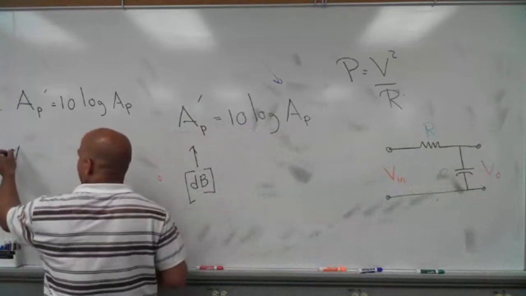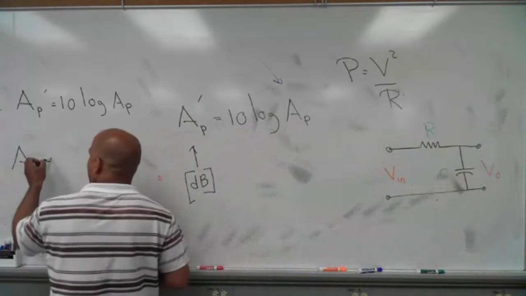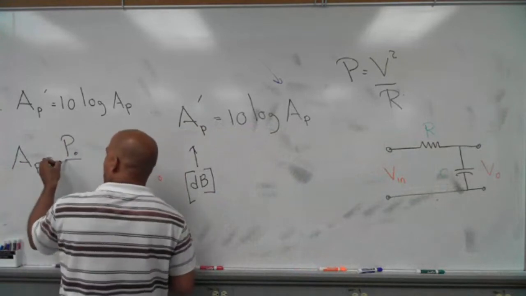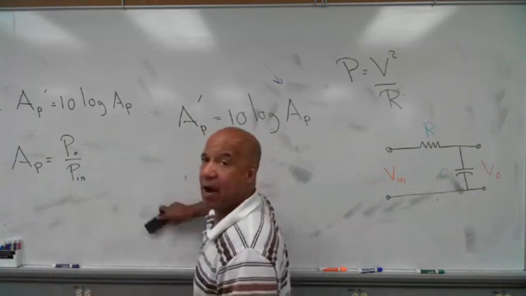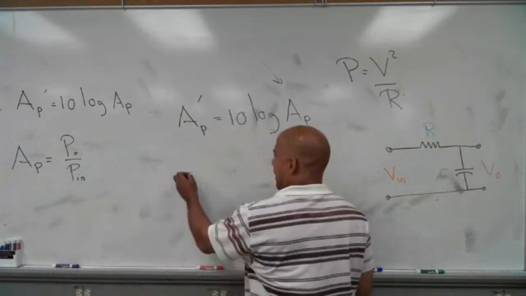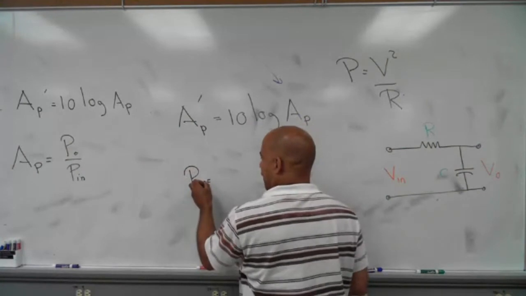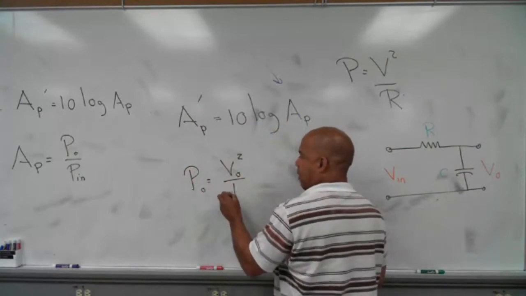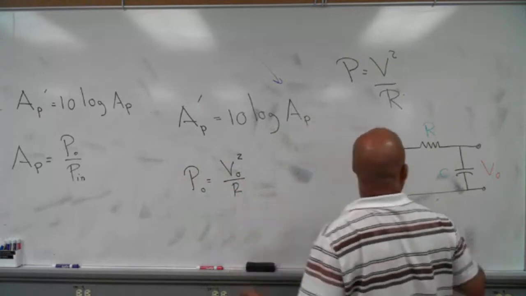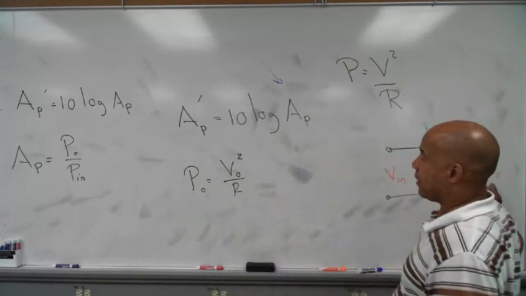Since I know that AP is equal to P out over P in, then that P out would really be V out squared over R. That's how we'll calculate P out in this circuit.